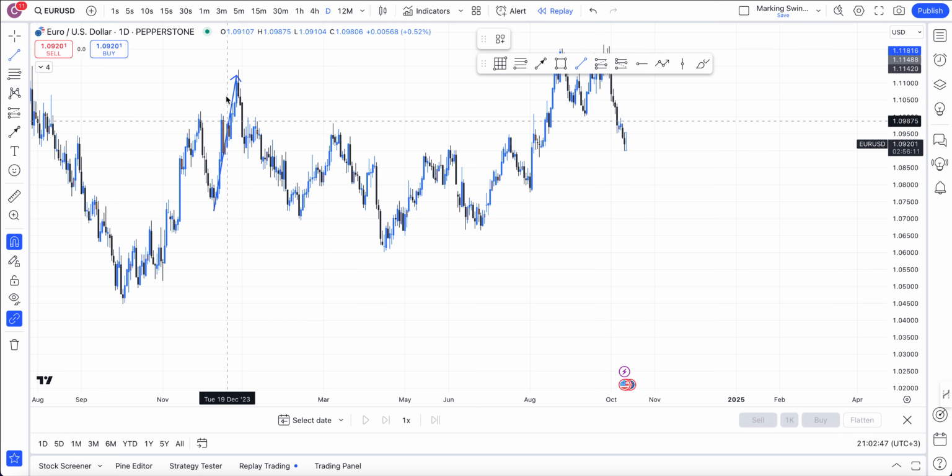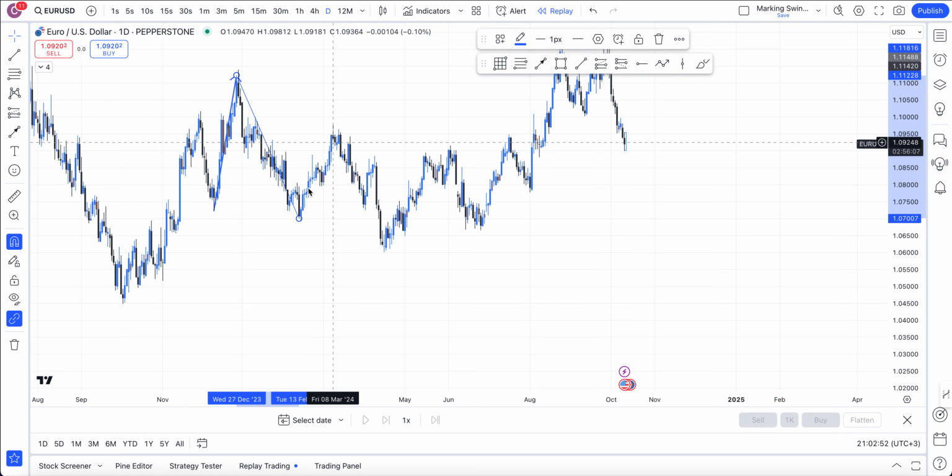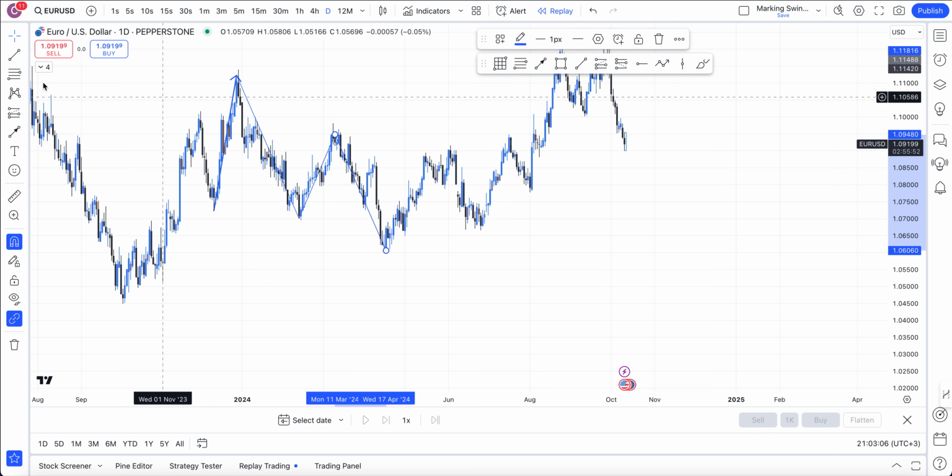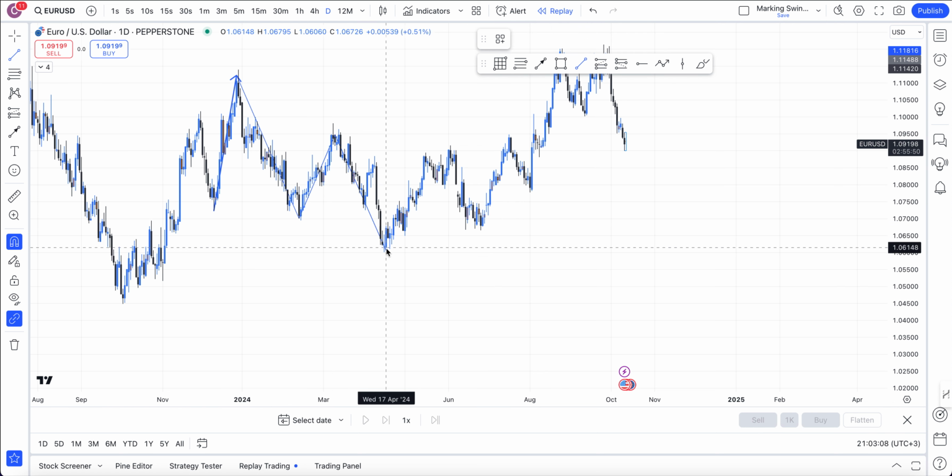And then there is down from here to here, right? So then from up, down, right? So everything up and down, as you can see, up and down, up and down.